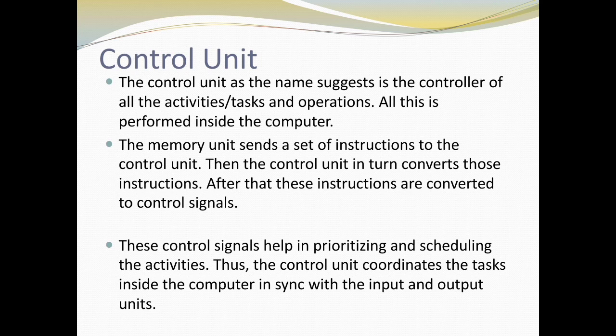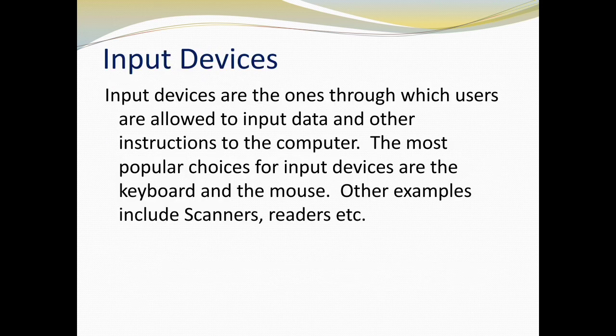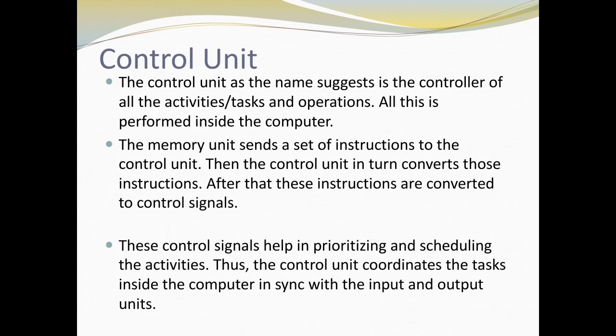Okay, so next, these control signals help in prioritizing and scheduling the activities. So the control unit is used to control the operations and instructions, what operation is done first and what operation is next.